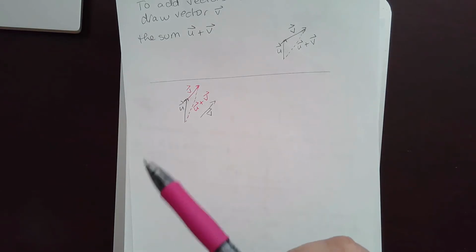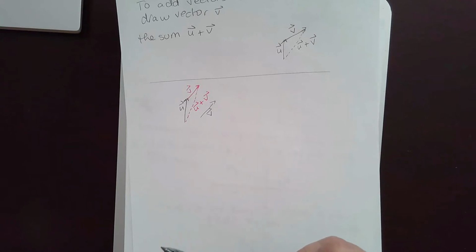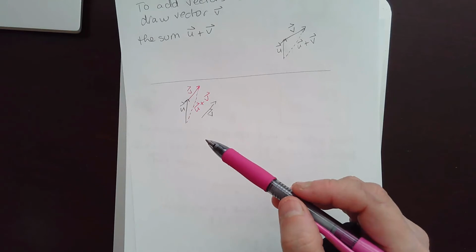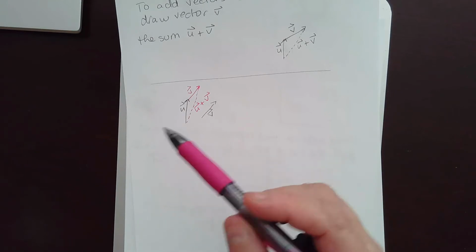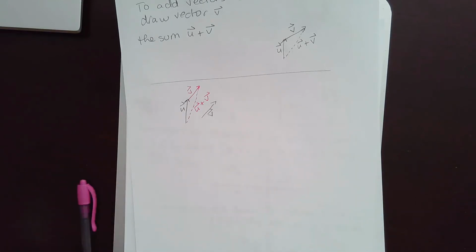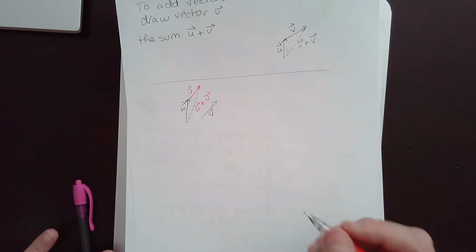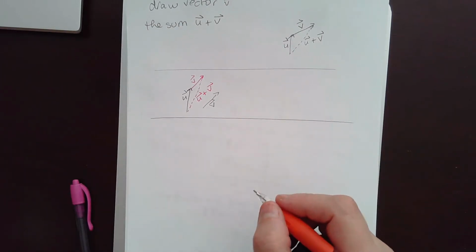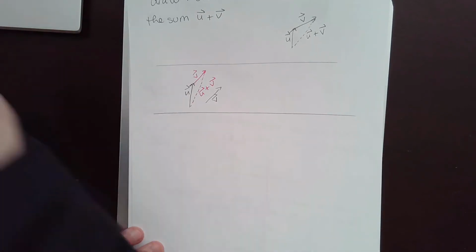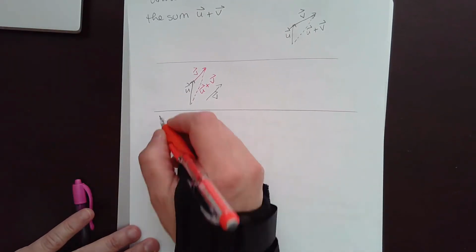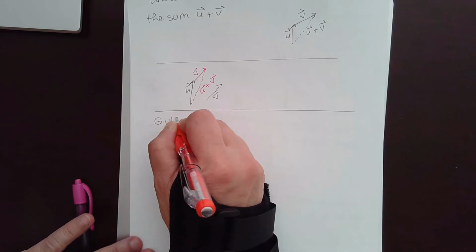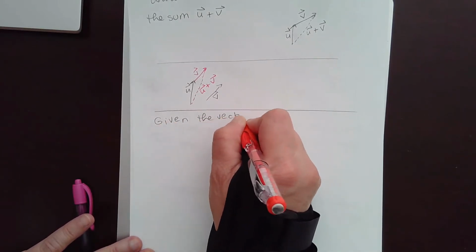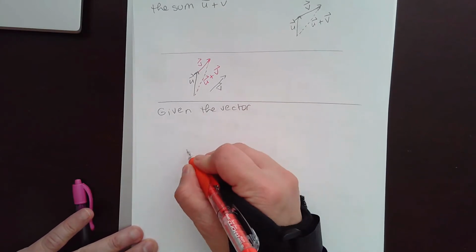All right, so this is drawing vector u plus v. So let's see. Okay, so given the following vector, suppose this is vector u.